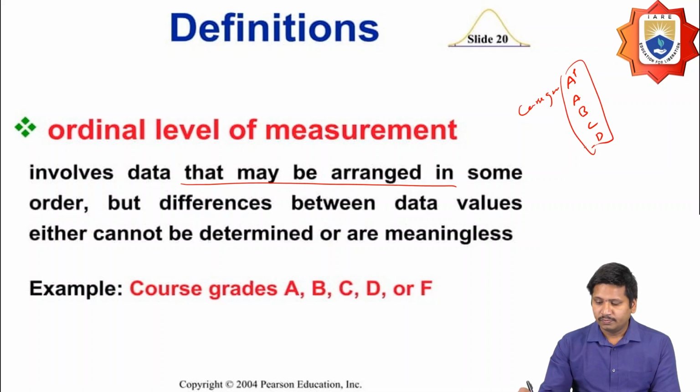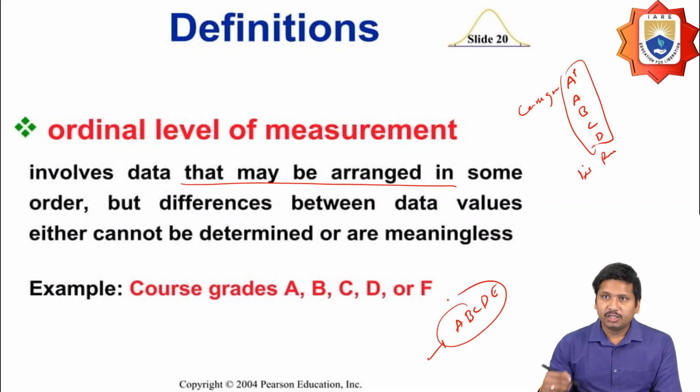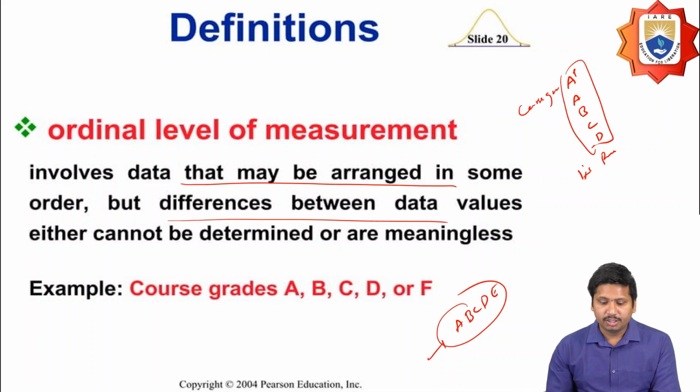Similarly winners and runners-up, or alphabetical orders. Like this, the data is organized in different orders, and differences between the data values cannot be determined or are meaningless. All of this is considered the ordinal level of measurement.